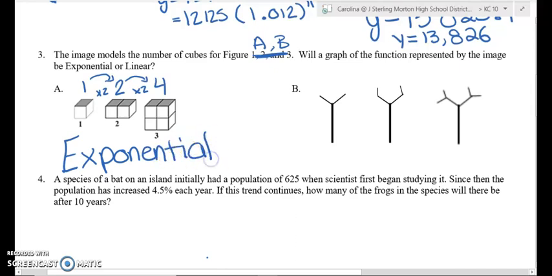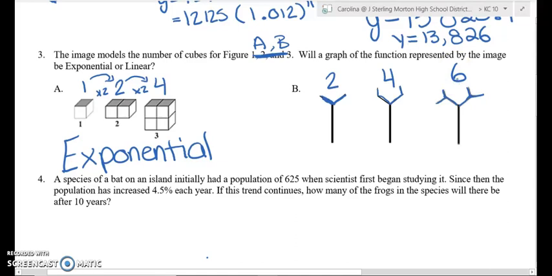Remember, in order for it to be exponential, you have to be dividing or multiplying. Next up, part B. We're going to be basing it off of the number of stems off the leaf. So in this case, I have 2. Next one I have 1, 2, 3, 4. 1, 2, 3, 4, 5, 6.